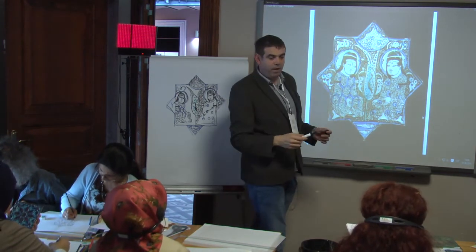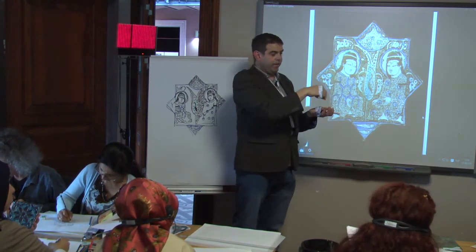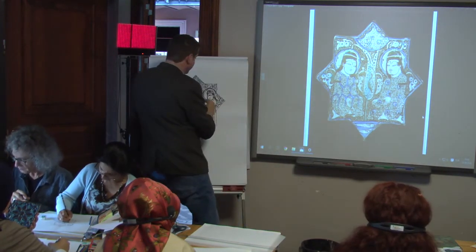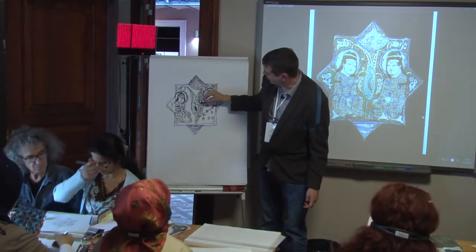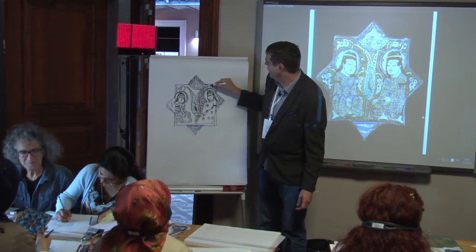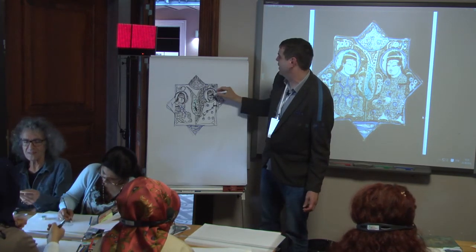What would have happened is they would have put the pigment on and scratched these marks out of the pigment. But you can get that effect by just squiggling and colouring it in, so you can get a feel for the kind of patterns that go around it.